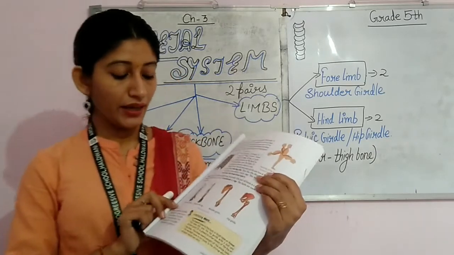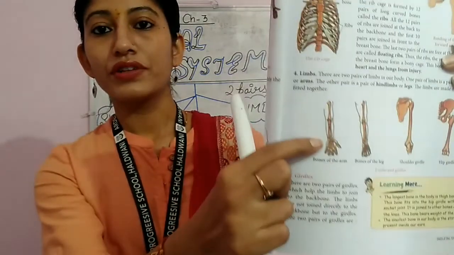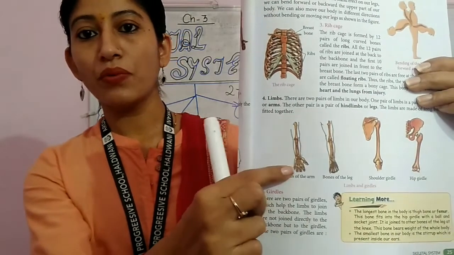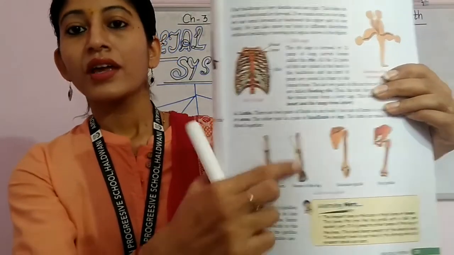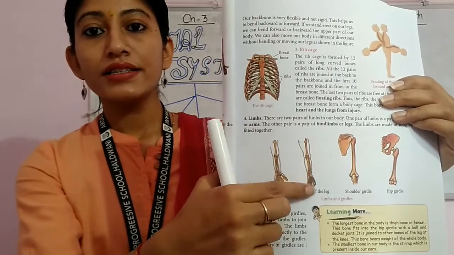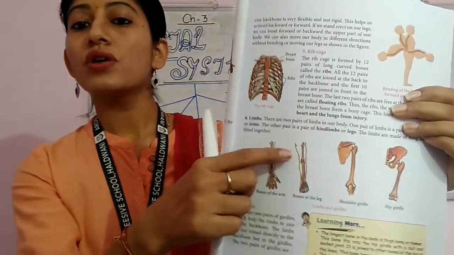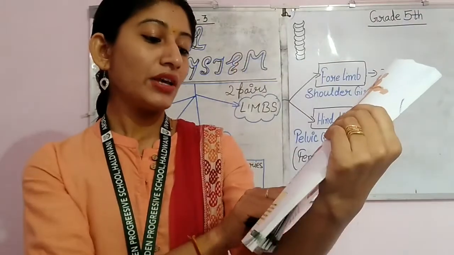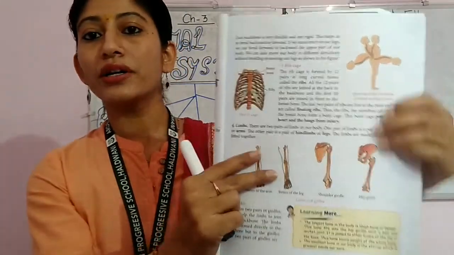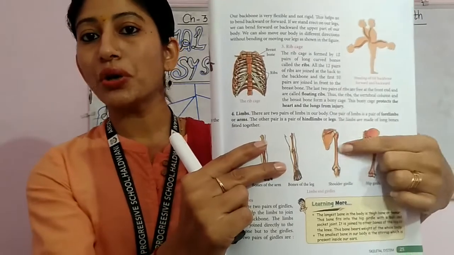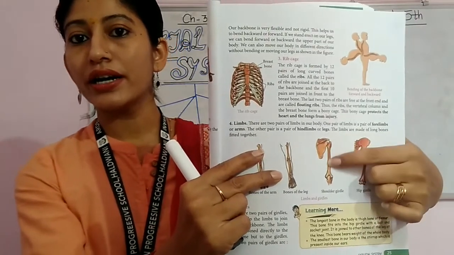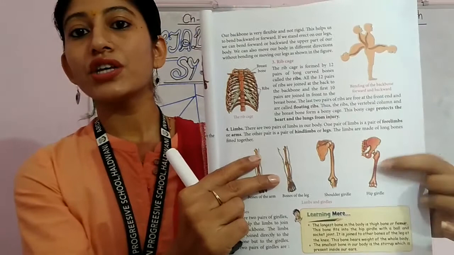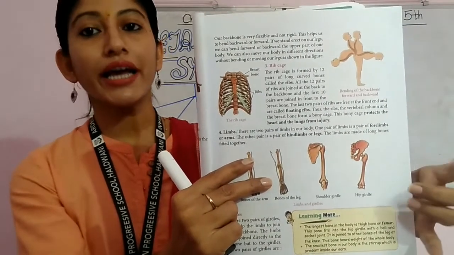Right? Now students, I am going to show you some pictures. You can see these are the bones of the arm. These are the bones of the legs. Then, as I told you, this is your shoulder girdle, and this one is your pelvic girdle or hip girdle.